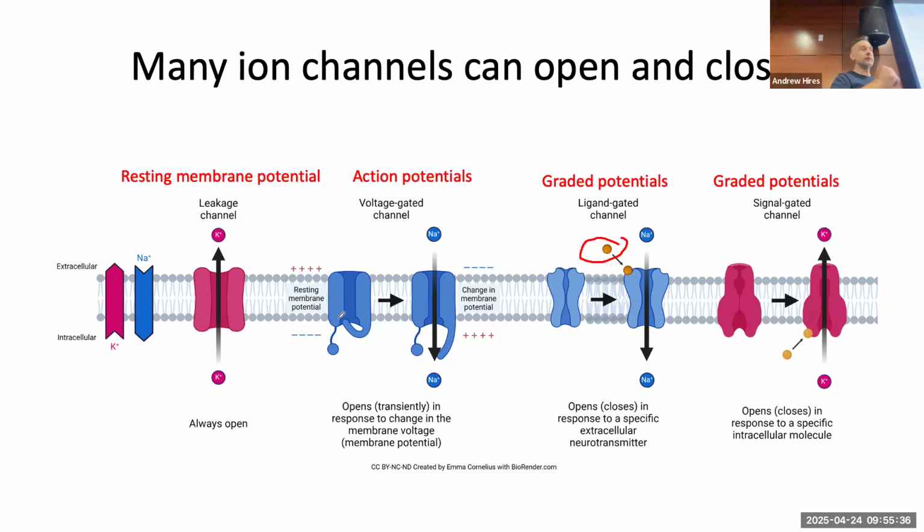But if the cell depolarizes, if the resting membrane potential goes up enough, that can release some of that force that's pulling those charges in the pore, and it can allow the channel to open up.